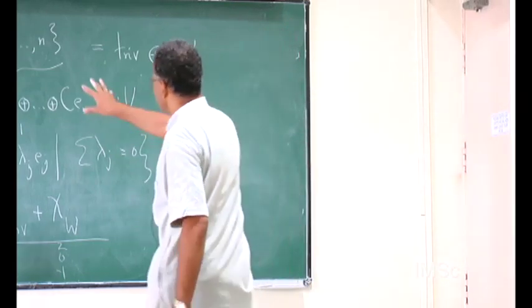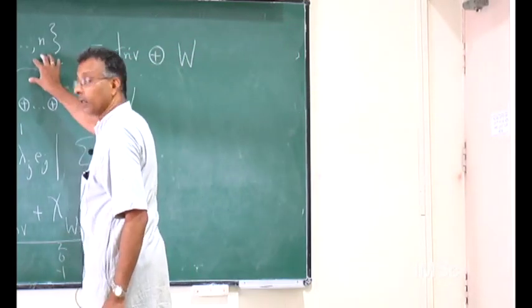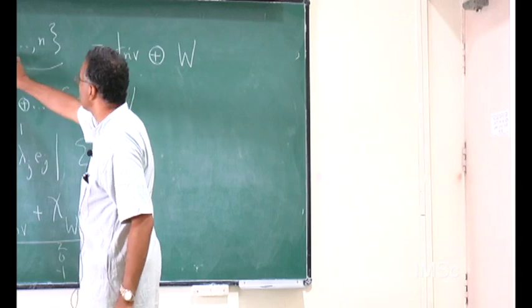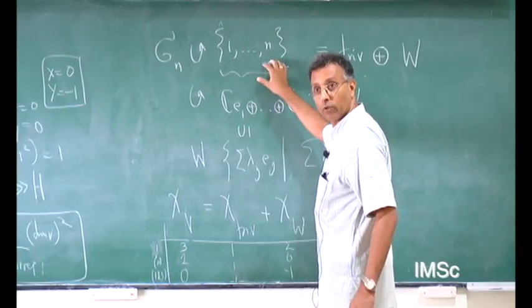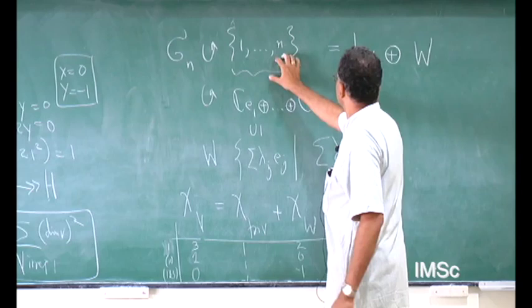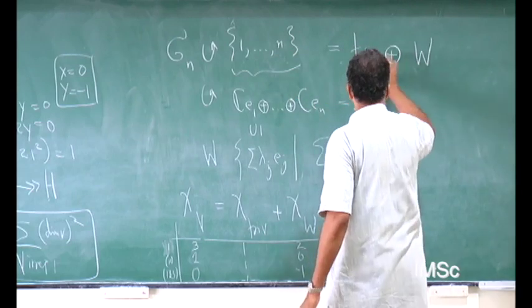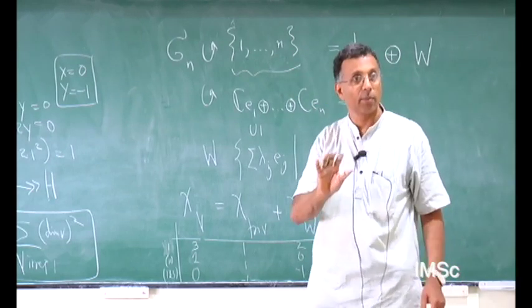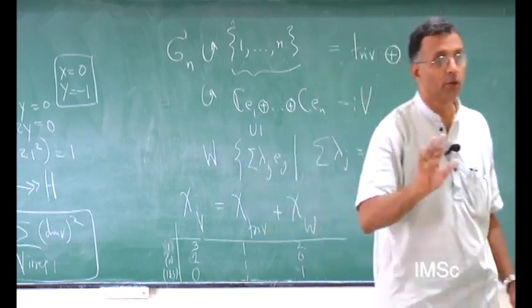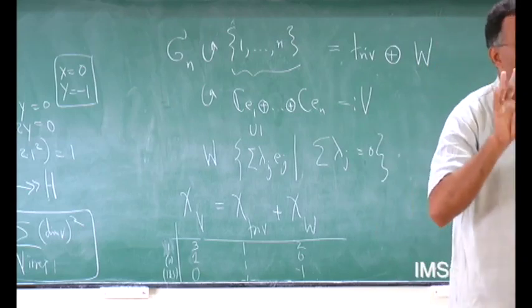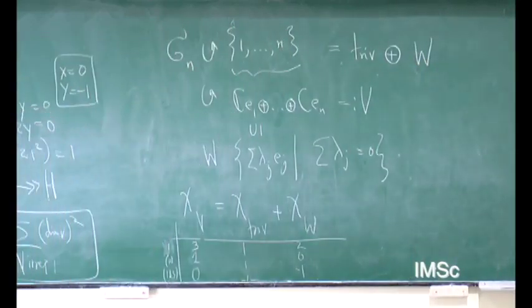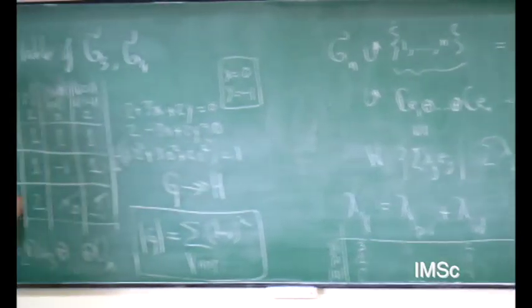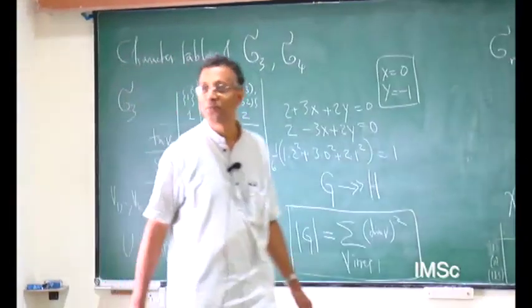This representation, which is the linearization of the defining action of Sn on letters 1 through n, is a direct sum of two representations, trivial plus an irreducible representation W, which you call the standard representation. The name for this is standard, meaning the name standard is standard.